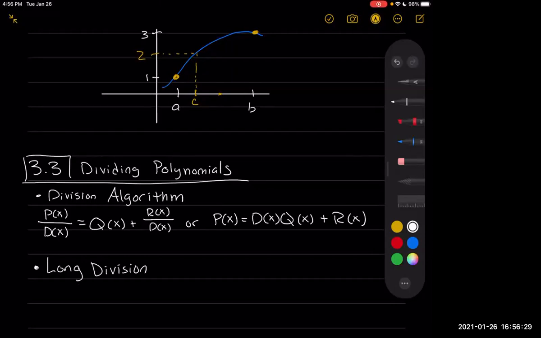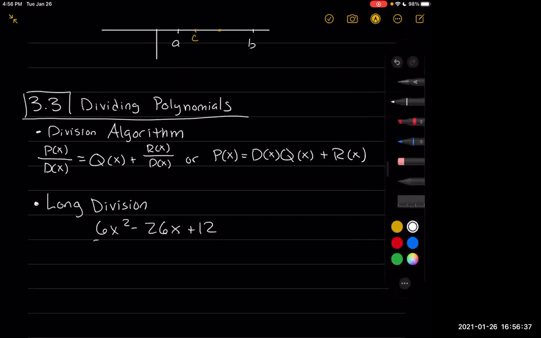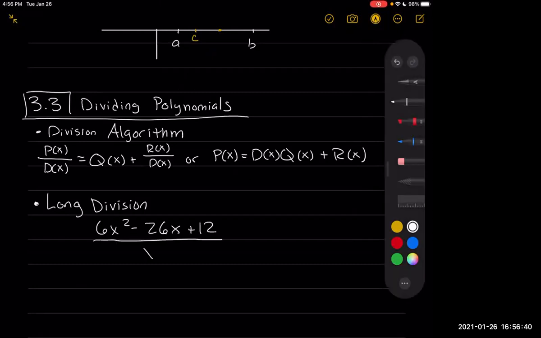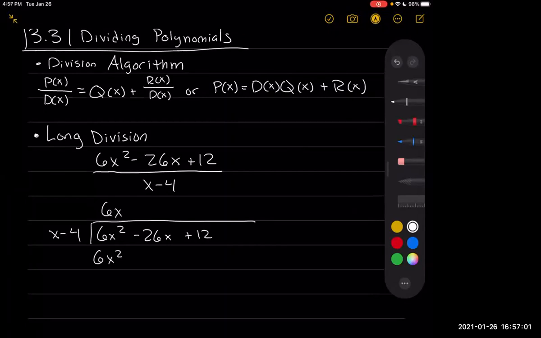So for example, if we had 6x squared minus 26x plus 12 over x minus 4, we would write it as x minus 4 dividing 6x squared minus 26x plus 12. And then we would multiply this by 6x, and we get a 6x squared minus 24x. Subtract this, we'd get a 0.